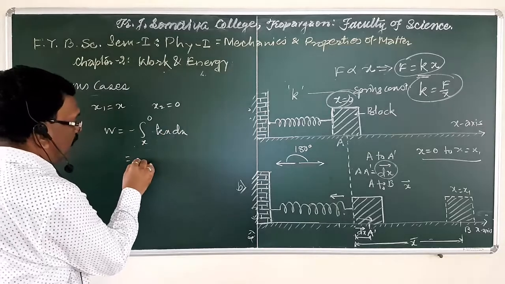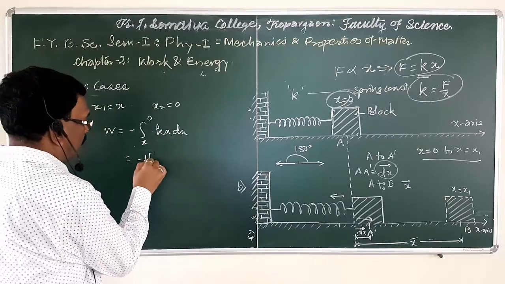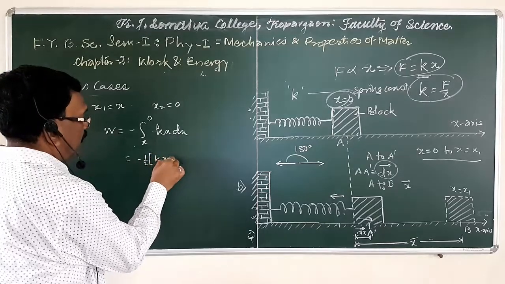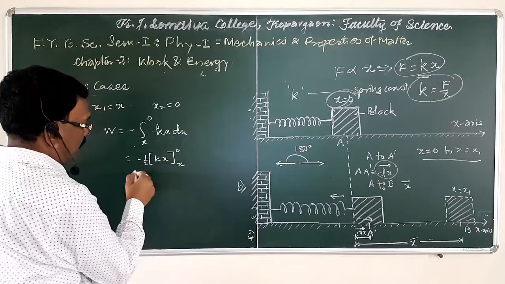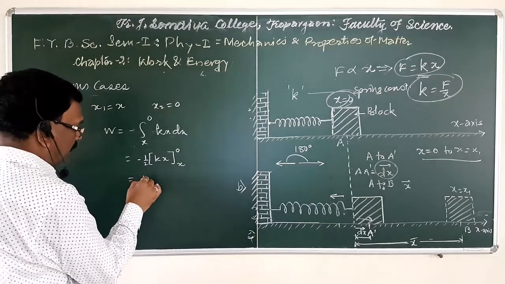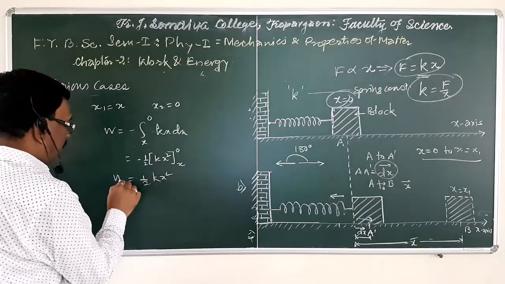If the integral comes, what will happen? Minus 1/2 kx and 0 to x. Then again minus minus plus, and then 1/2 kx square. This is the work done.